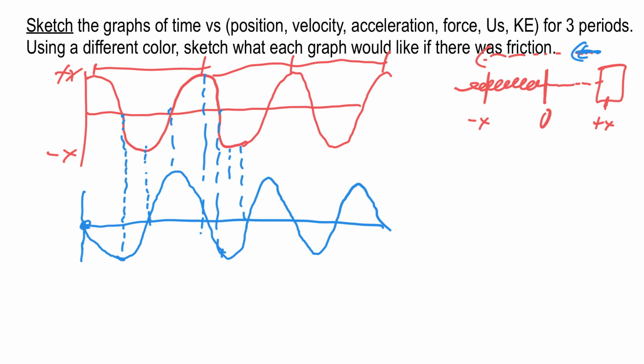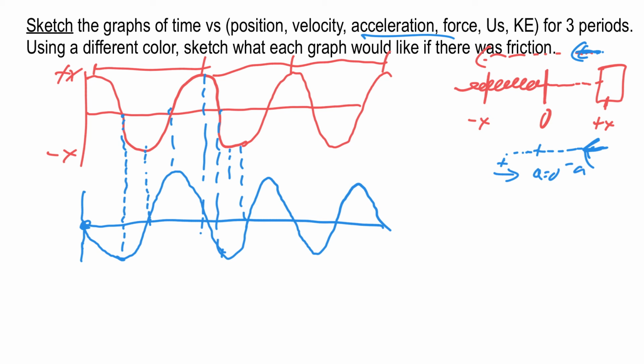Okay, what's next? Acceleration. Same thing, acceleration is starting off in the negative direction, and it is maximized, but it's maximized negatively, right? And when we reach this point, acceleration is going to be 0. Then we go this way, the spring's pushing back, so our acceleration is going to be positive.